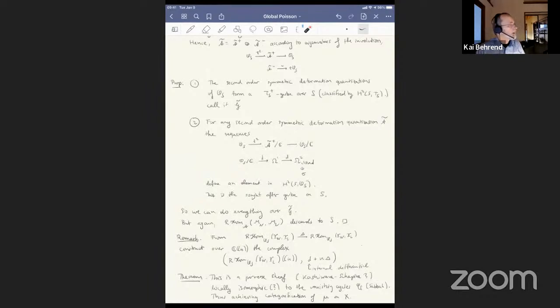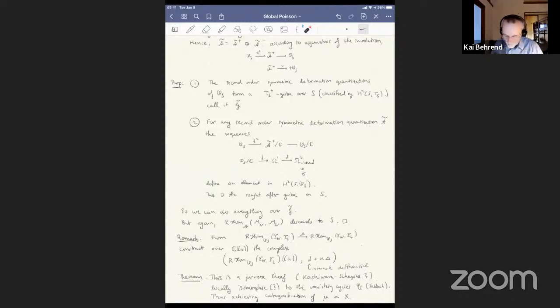You can classify the quantizations of the symplectic manifold. There's something called a non-commutative period map, and every such quantization defines all these obstruction classes.